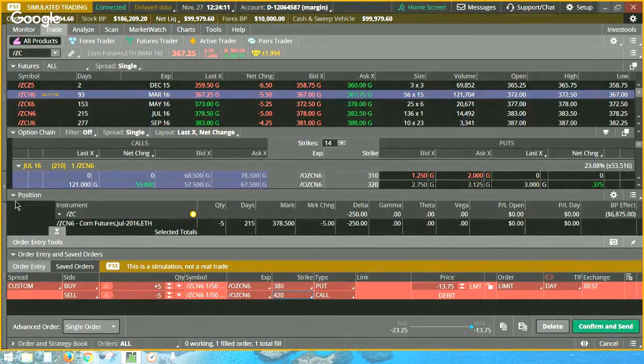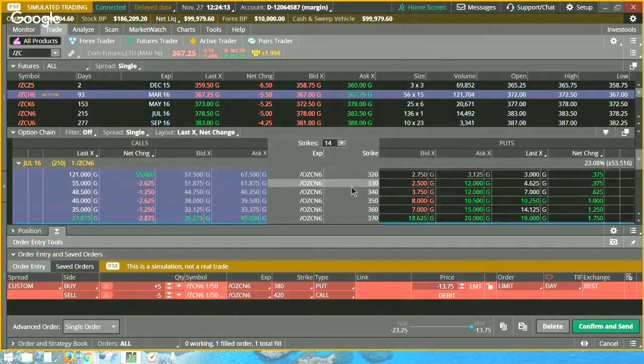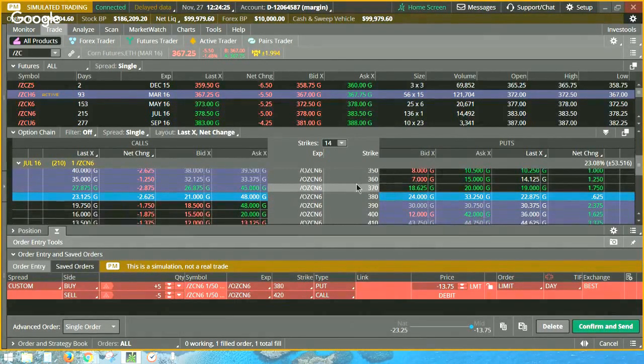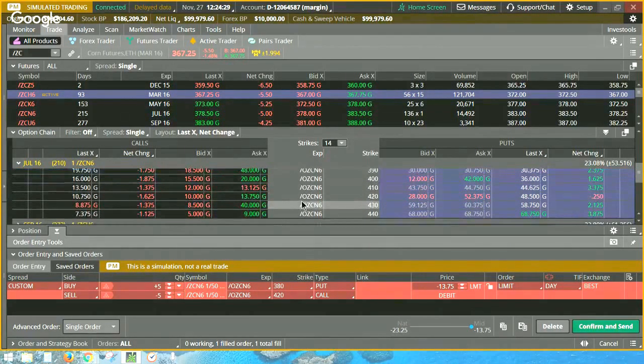So basically, looking at this, 380 puts, 22 cents. We're going to buy those for 22 cents, and then we're going to sell that out of the money call for right around 10 cents or so.